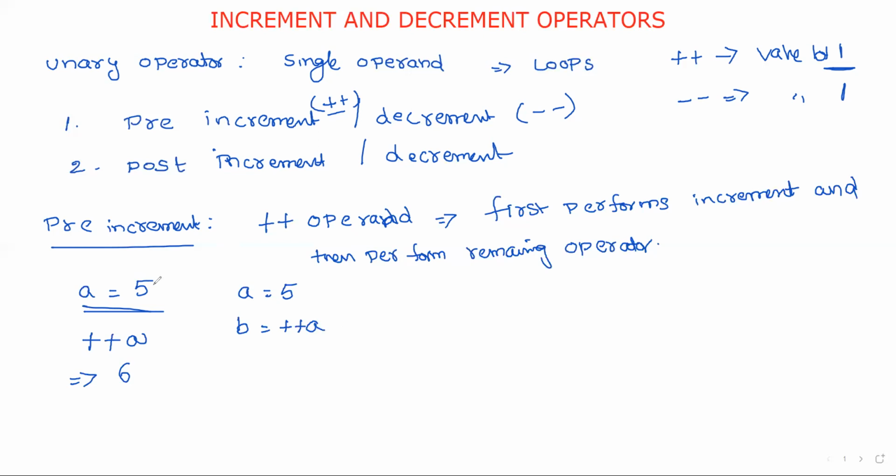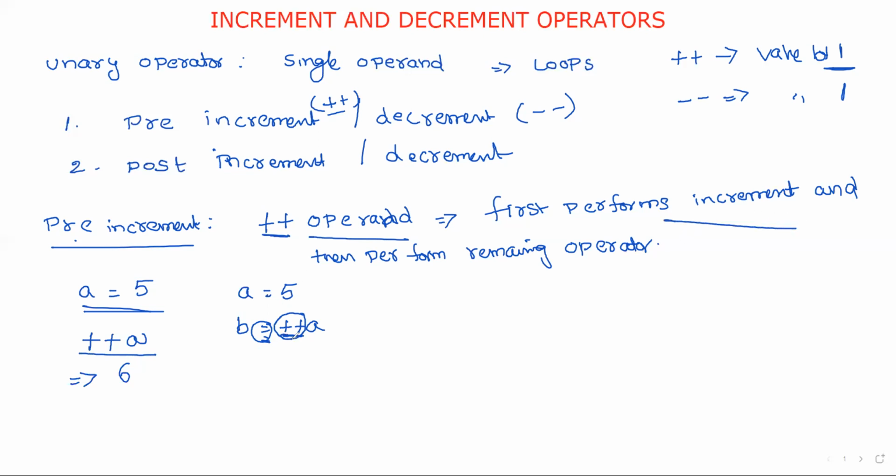What happens? In the previous one, we had only one operator, that is plus plus. But coming to the same example, A is equal to 5, here we have two operators. One is the assignment operator and another one is the increment operator. Observe, what is pre-increment? Pre-increment means the plus plus is placed before the operand. First it performs the increment.